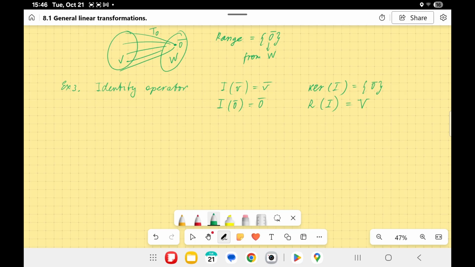Example 4. Orthogonal projection. Well, I don't know. Let's choose orthogonal projection on the x-axis.